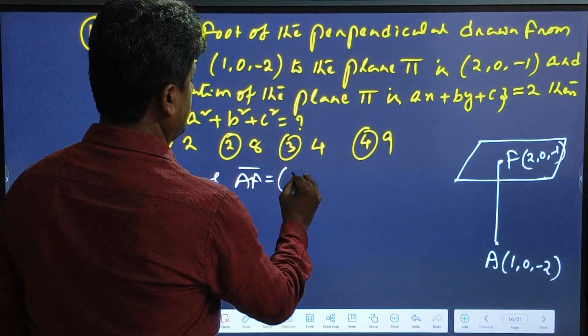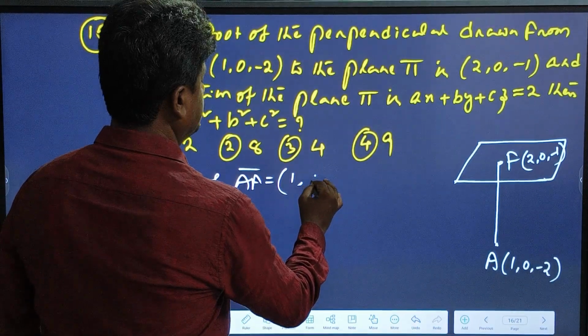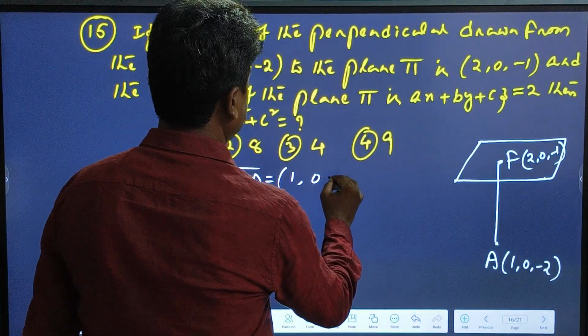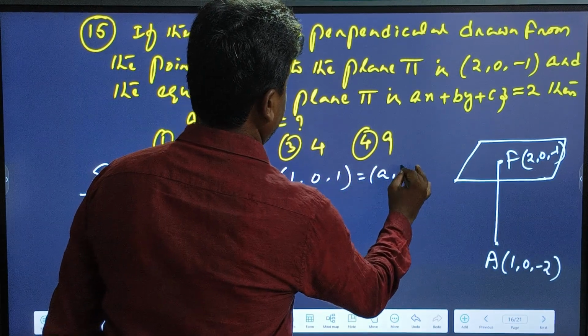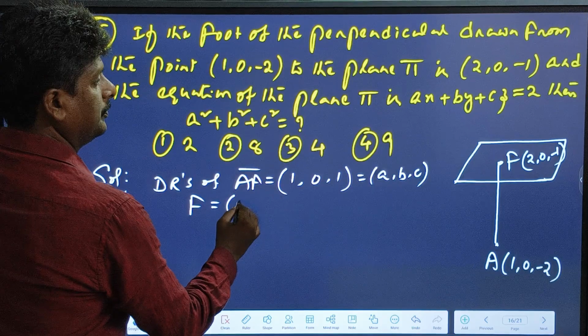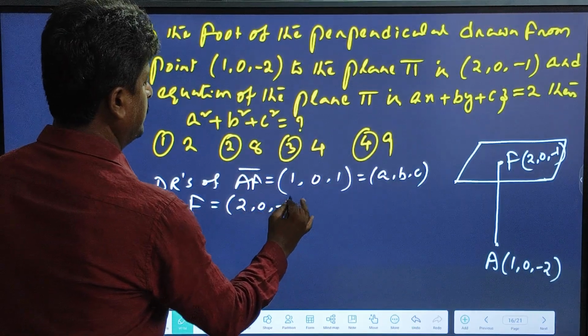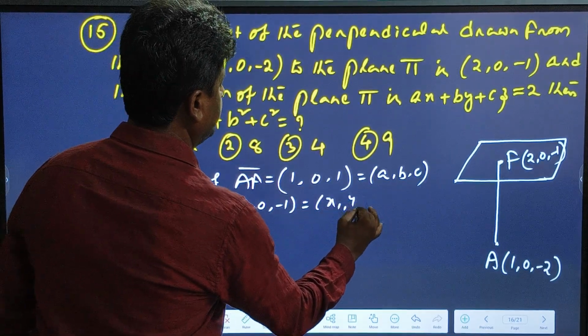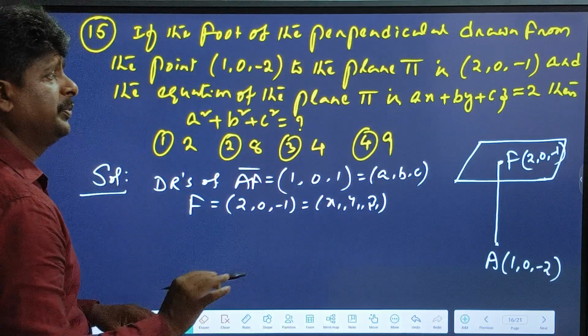DRs of AF bar: 2 minus 1 is 1, 0 minus 0 is 0, minus 1 plus 2 is 1. Let them be a comma b comma c. Point F is equals to 2 0 minus 1. Let it be x1 y1 z1. Simple.